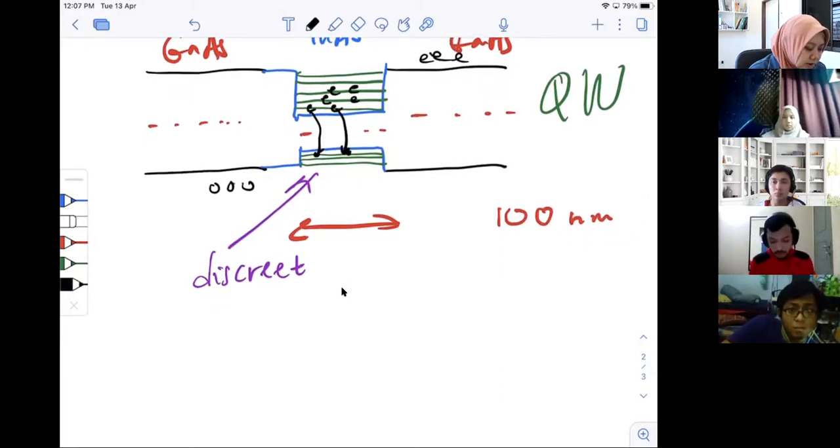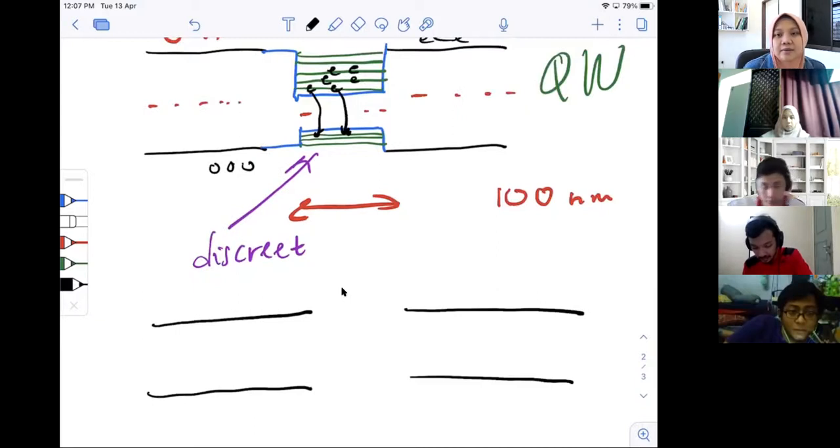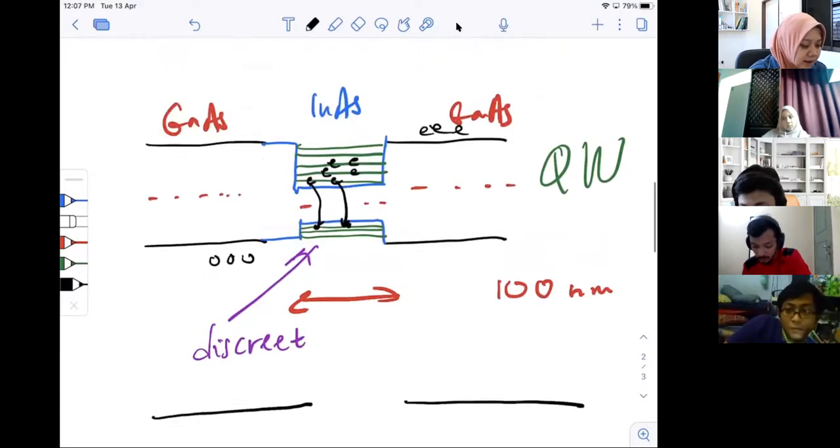So quantum dot are similar, very much the same, except for dia lagi kecil. So the diameter or the dimension for the quantum dot is smaller. So you need to make for example, this is indium arsenide, right?